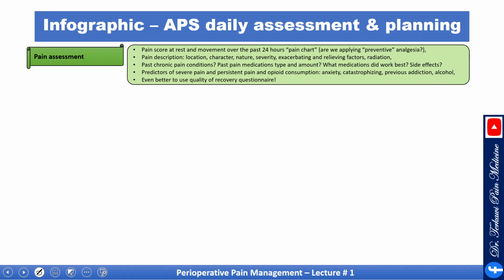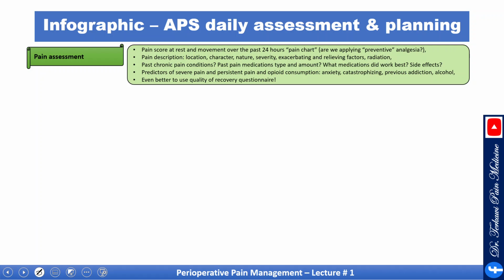It's important to have a pain chart because you want to know if you're really applying a preventive analgesia, right? It's not important to ask the patient about pain now. Then when you have a pain, you have to look for description of pain, location, character, nature, severity, exacerbating, relieving factors, radiation, etc. Now, look and ask if the patient had a past chronic pain condition, past pain medication, type, amount, what medication did work best for the patient in the past, any side effect from this medication.